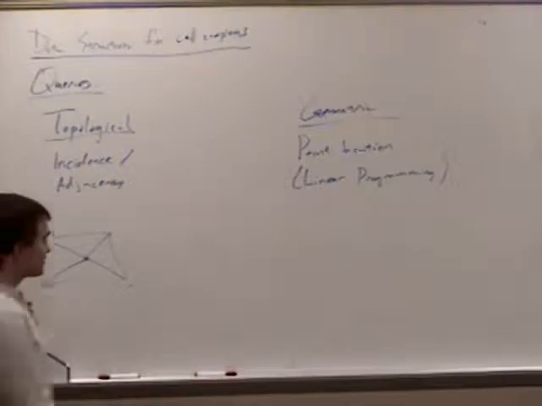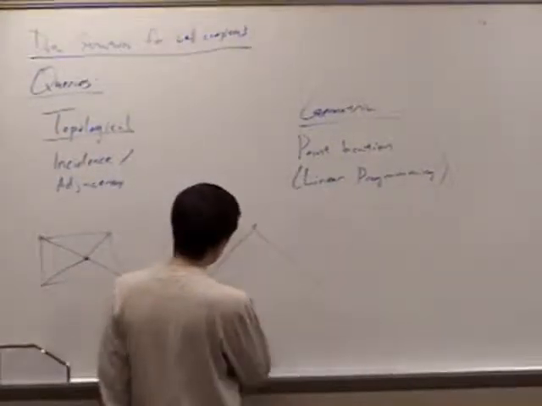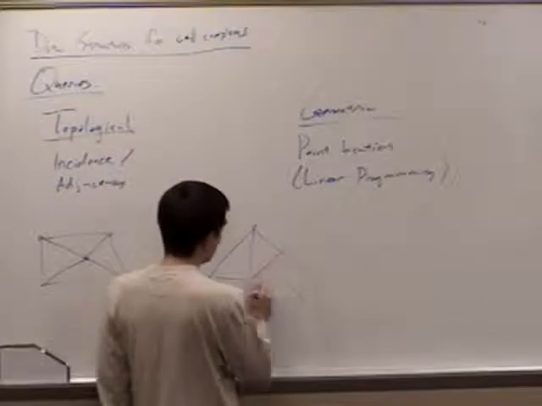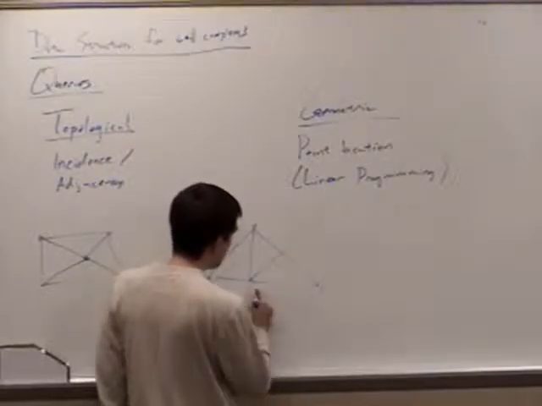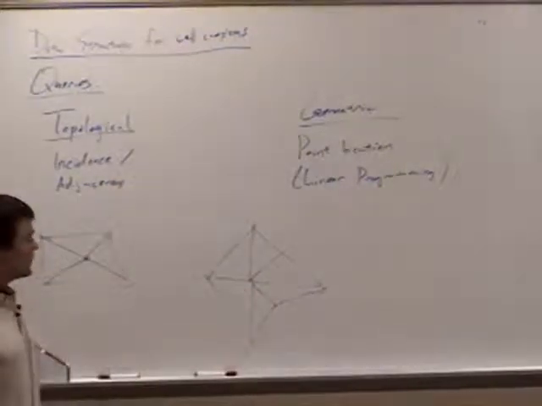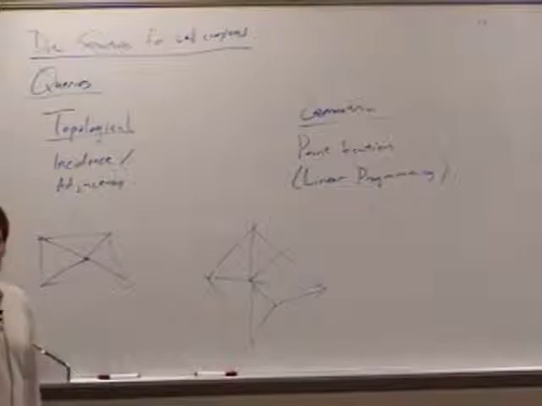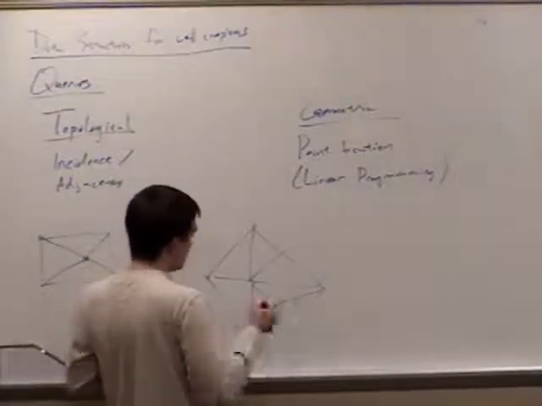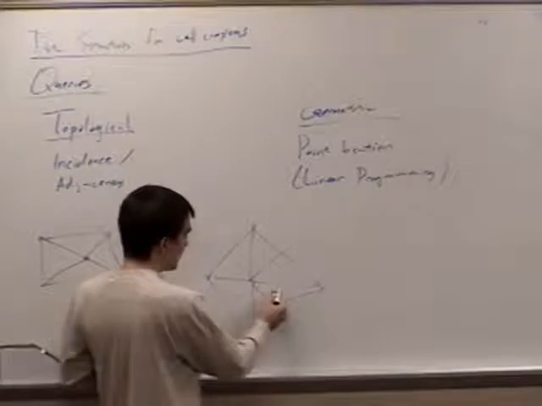For example, to illustrate how this could actually be useful, suppose we want to do, say, point location in some map. Well, we already kind of know a technique for doing this from linear programming. Suppose I want to locate the cell that contains this point.